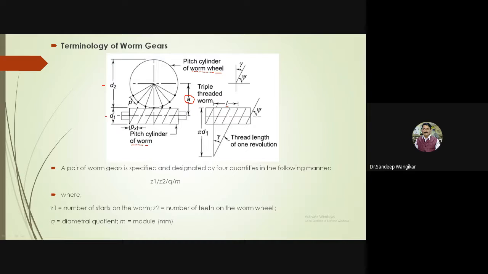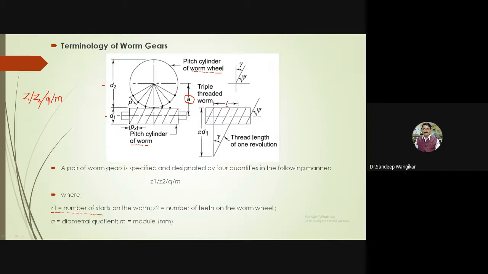Okay, a pair of worm and worm wheel is designated by 4 quantities. In any numerical you solve on a worm gear, you will get these numbers. It is designated as Z1, Z2, Q, M. In all the numericals, this is the first line of the numerical. So let us understand how the worm gear is specified and designated.